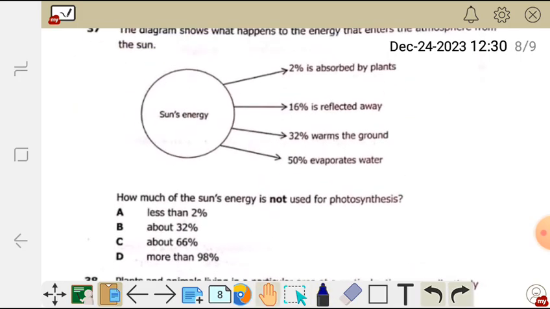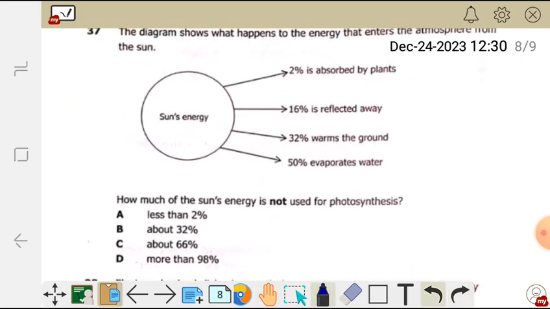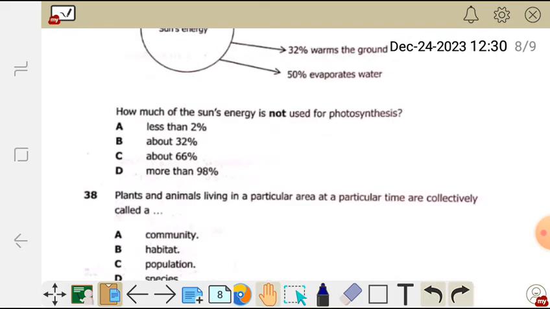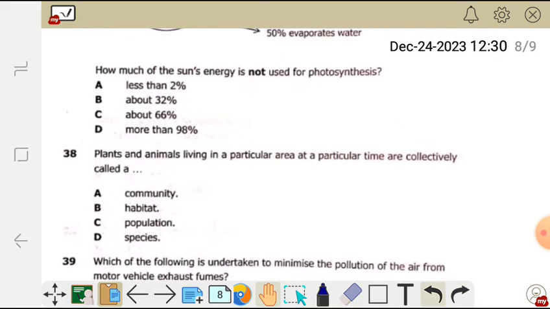So the correct answer is D, more than 98%, because that 2% which is absorbed by plant, it is not all of it which is used for photosynthesis. Other percentage is also used for other things in the plant. So more than 98% is not used for photosynthesis. Correct answer for question 37 is D. Question 38.